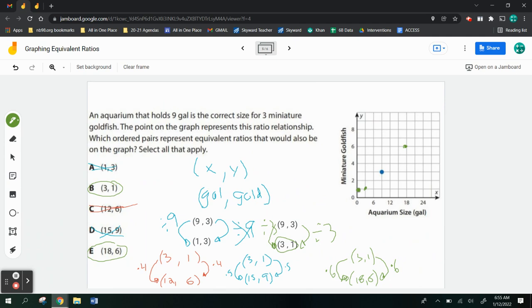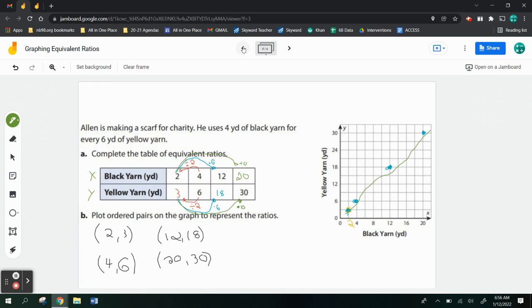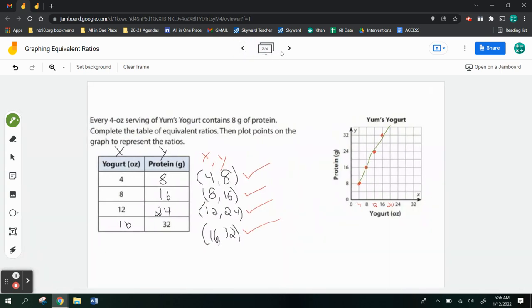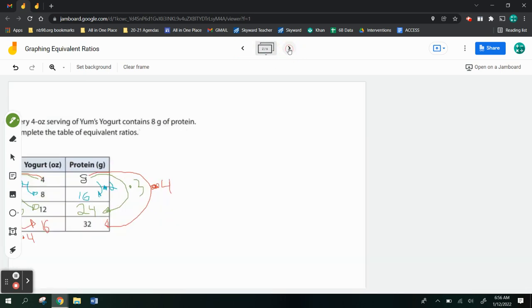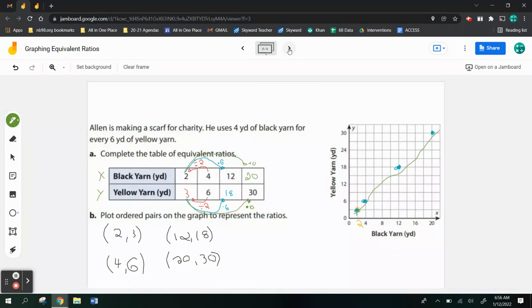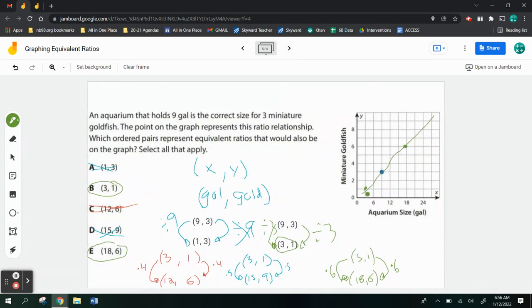I'm just using this for talking purposes. Now, if I wasn't doing this on a computer and I was doing it on paper with a ruler, what would you notice about all these lines? One thing I notice is that all these lines are perfectly straight. So because equivalent ratios have a pattern that they're all the same ratios, they're just multiples of one another. When you graph them, it makes this cool thing where all of them are going to be straight lines.